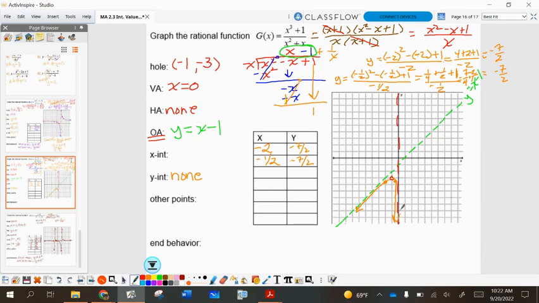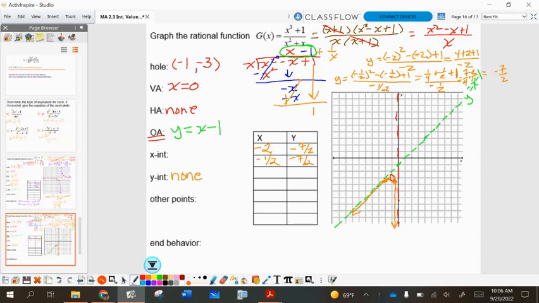Okay, so let's get some points on the other side of that vertical asymptote. So let's try 1 and 2 maybe. If I plug in 1, I'm going to get 1 squared is 1, minus 1 is 0, plus 1 is 1 over 1. So at 1, 1, it's right there.